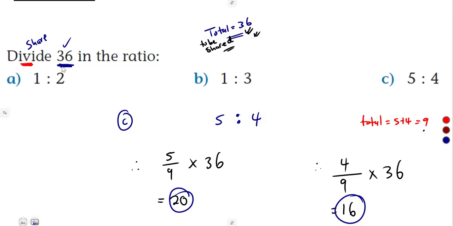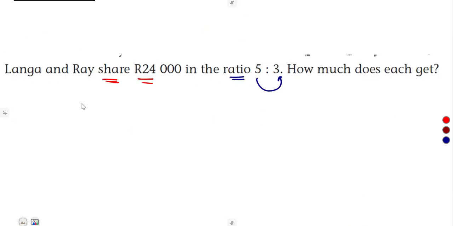Divide 36 in the ratio 1:3. Is there a difference here when they say Langa and Ray share? It's share. Divide.